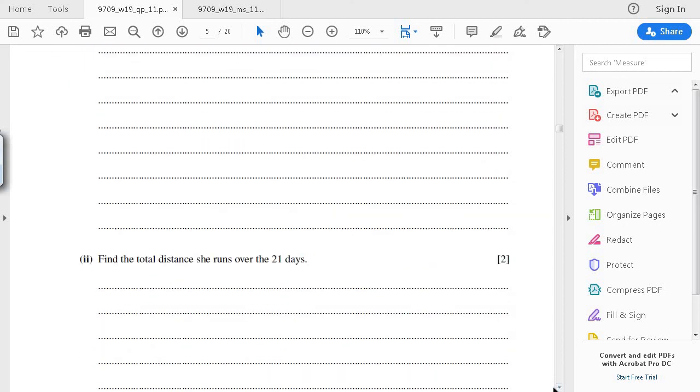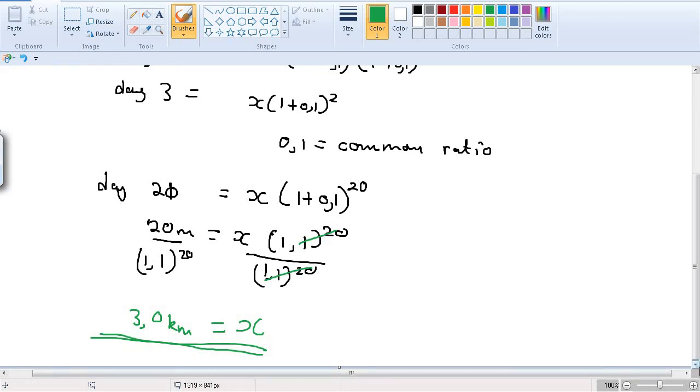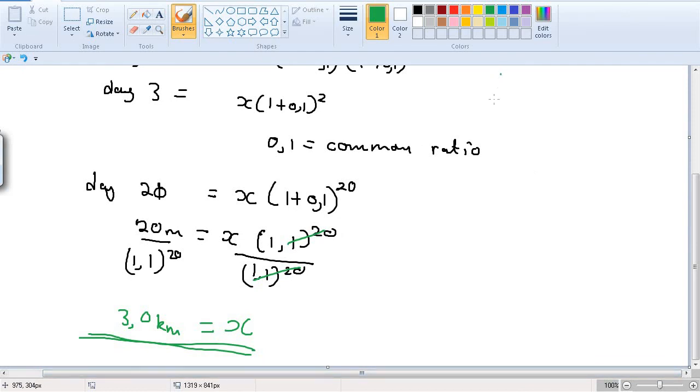Find the total distance she runs over the 21 days. Because we've already established a common ratio, we can conclude that this is a geometric series. And since it's a geometric series, the sum of n terms is equal to a, which is the first term, times (1 + r), where r is the common ratio, to the power n minus 1, all this over r.